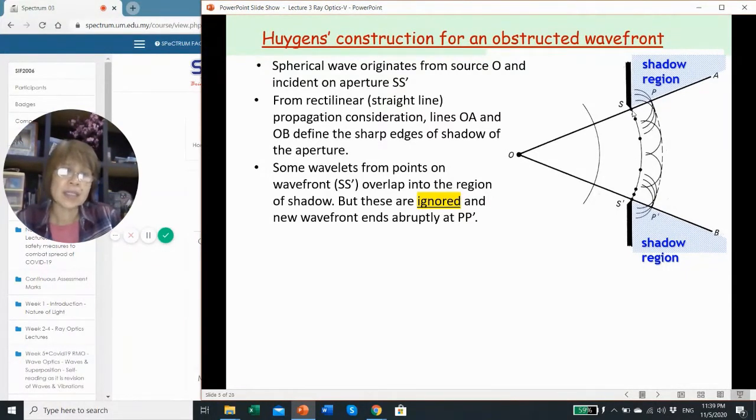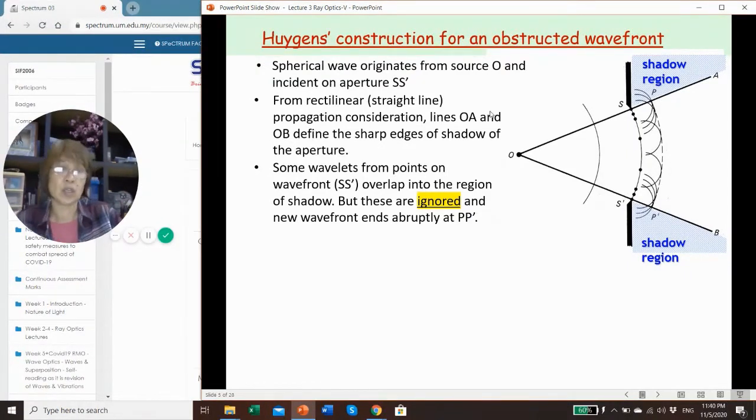You'll find that some of these secondary sources on the wavefront would have secondary wavelets that, at a small time t later, would have traveled into the region of the shadow.